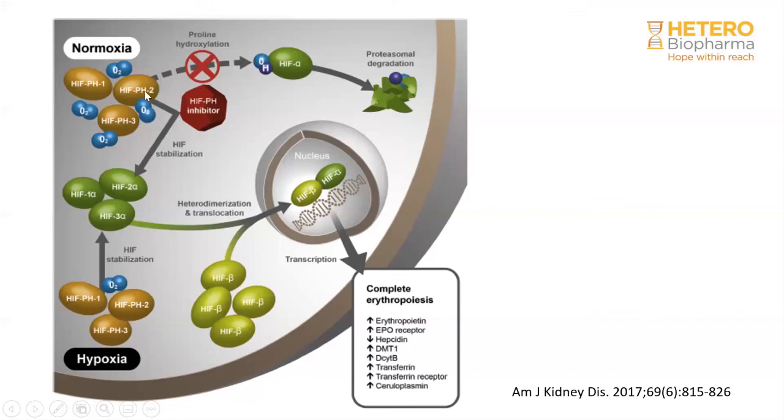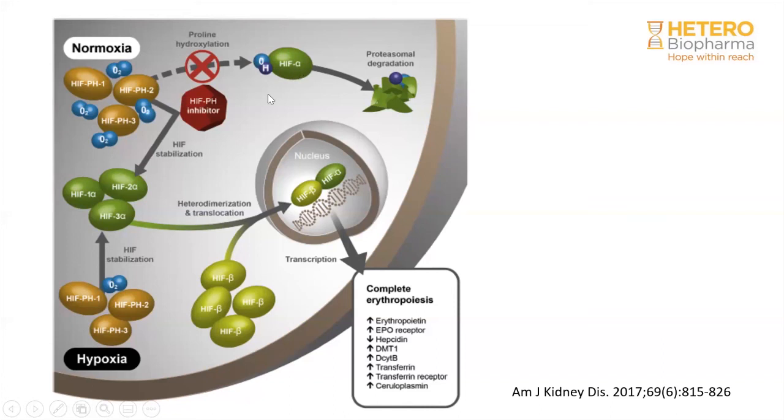Basically, we have the hypoxia-inducible factor. This is the prolyl hydroxylase. Normally HIF beta is constitutively expressed, while HIF alpha is expressed whenever there is hypoxia. HIF prolyl hydroxylase causes proline hydroxylation and breaks down the HIF alpha molecule.